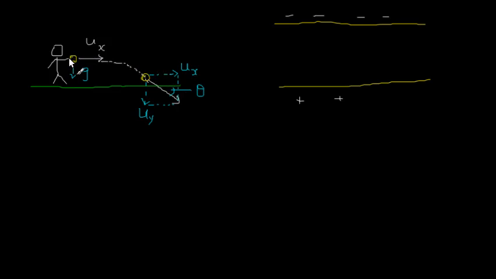Assuming that we know the starting velocity, I want to find the final direction. This means that we need a way to calculate the vertical velocity uy. But we already know how to do this. That was exactly what we did in the last two sessions.